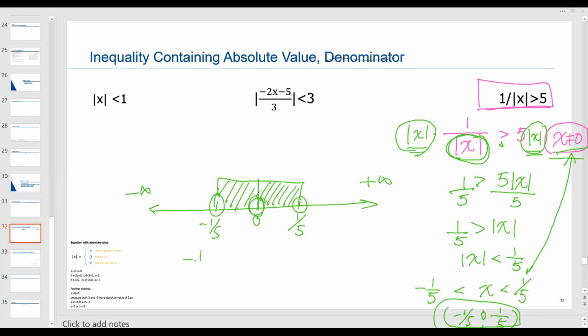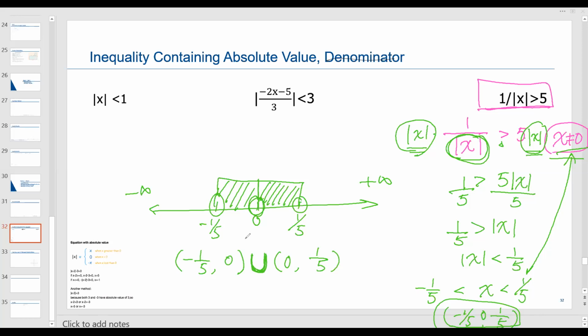So here we write it like this: the left part, then parenthesis, and we use the union symbol to combine it with 0 to 1/5.